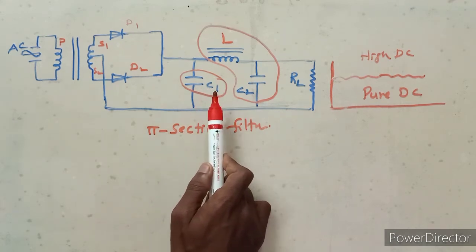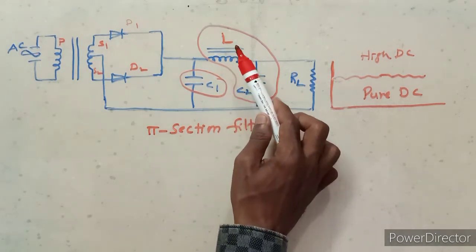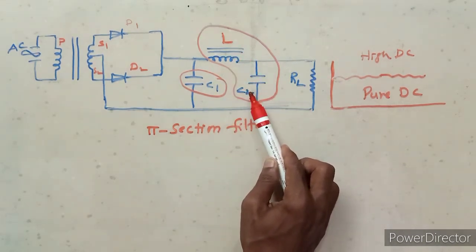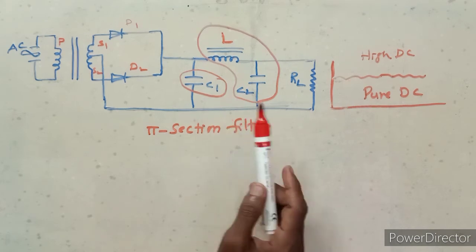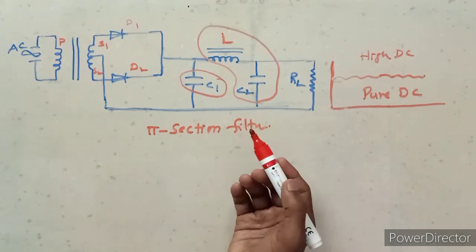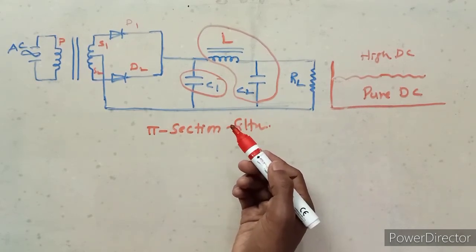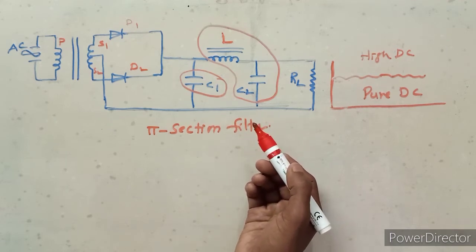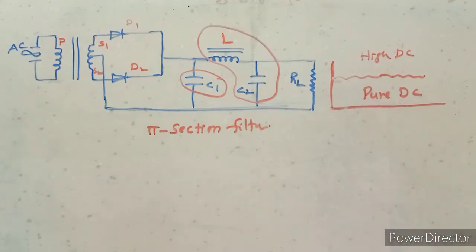The voltage drop across the choke coil and capacitor C2 is quite small for the AC components. So the ripple components and the AC components are very small, and pure DC comes out.